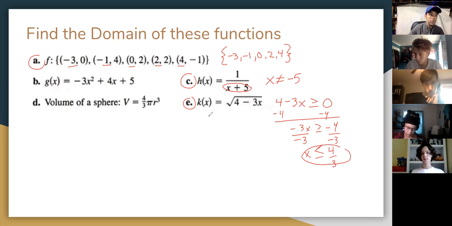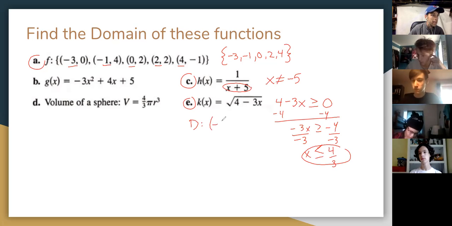We could also do that as an interval notation. So we could say our domain is from -∞ all the way up to 4/3, including 4/3, because I have that or equal to. So I'd use the square bracket. So this is interval notation for that same inequality symbol.